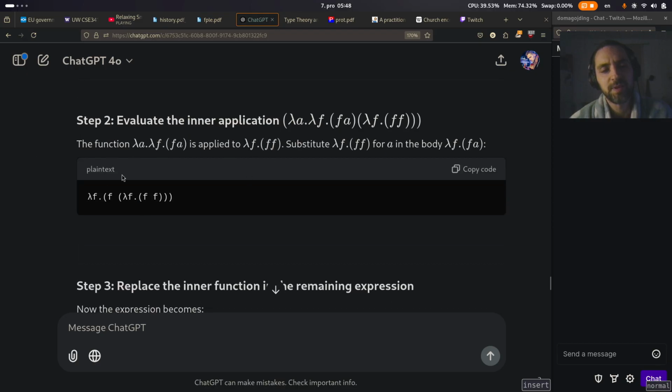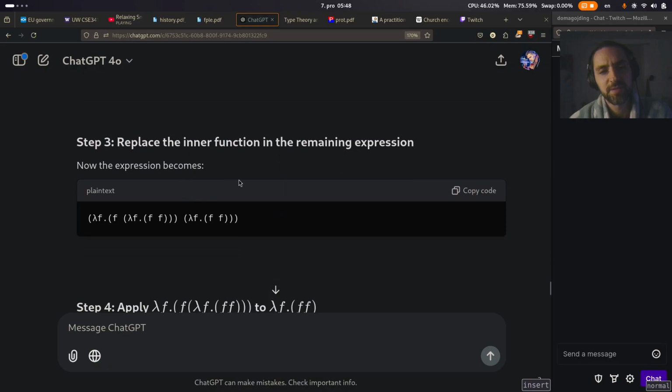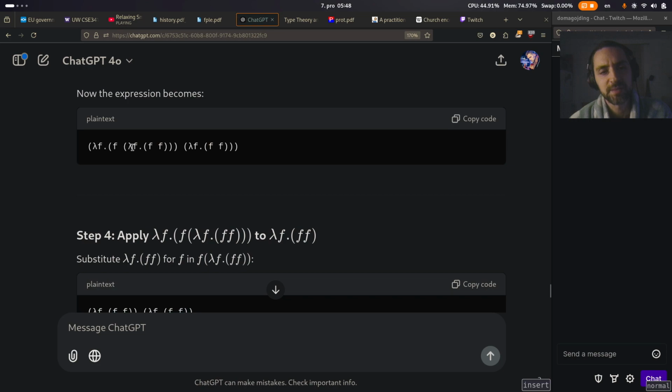The function lambda a, lambda f dot fa is applied to lambda f dot ff. Well, substitute lambda f dot ff for a in the body. Okay, so it does that. Lambda ff, lambda f dot ff. And replace the inner function in the remaining expressions. Now the expression becomes this mess.